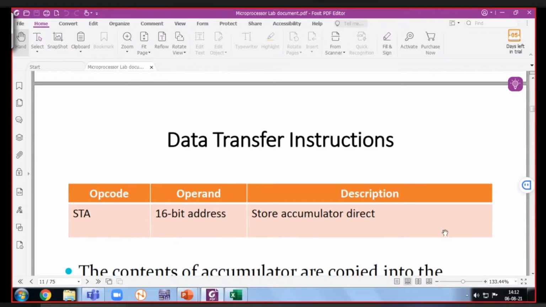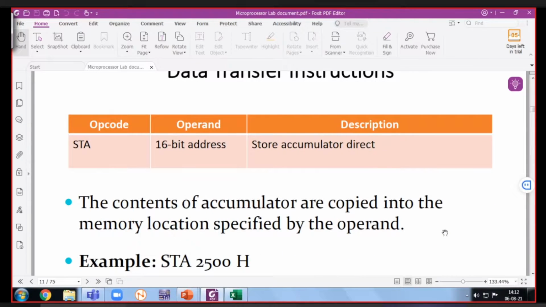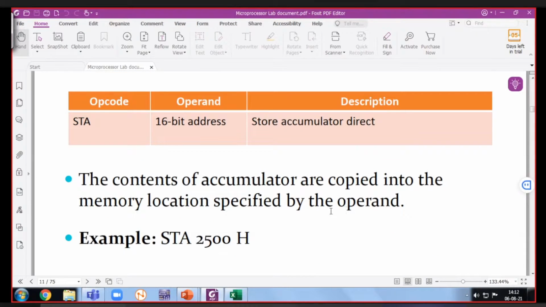Now comes STA. The content of the accumulator is copied into the memory location specified by the operand. Store accumulator direct means the accumulator content will move to the specified address, direct addressing mode, as we are mentioning the address.